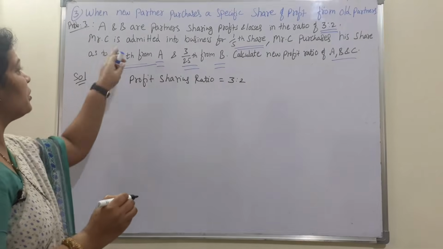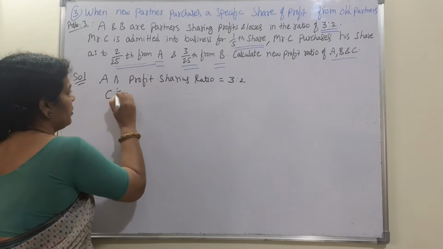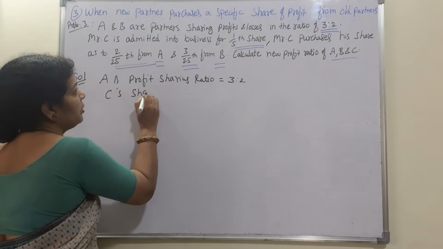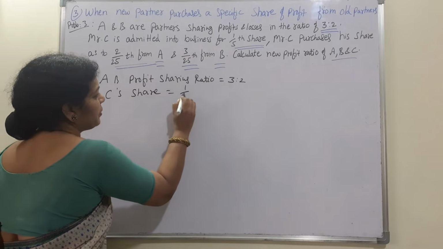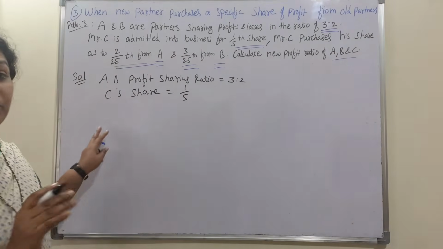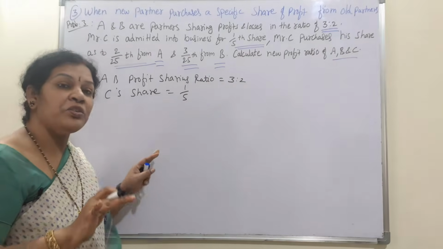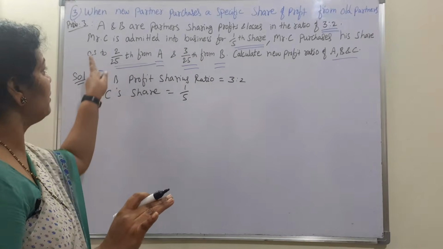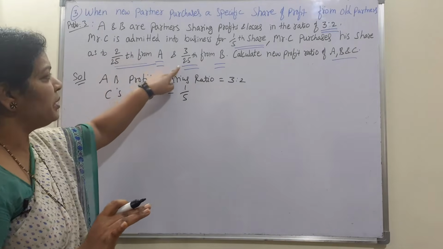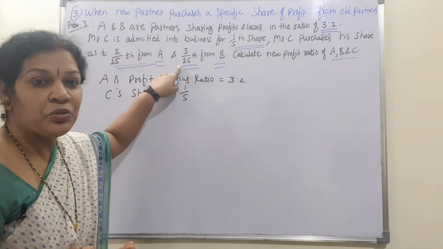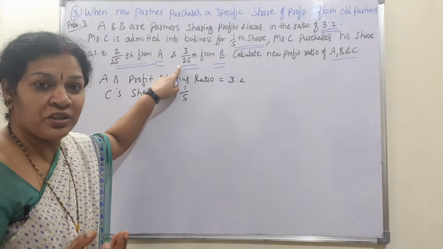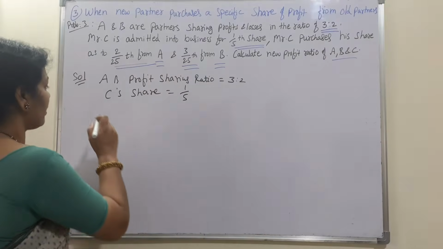Now C's share is 1/5. You must know first what is the new ratio of A and B, because A is giving 2/25 and B is giving 3/25. Now their profit sharing ratio is changing. How much? That we will calculate.